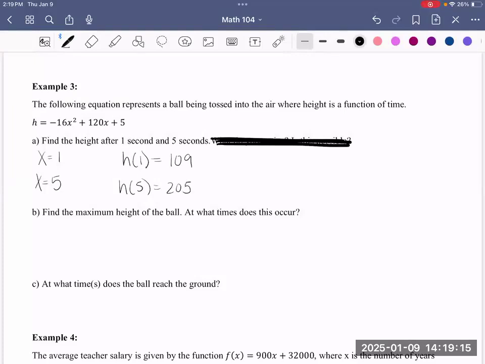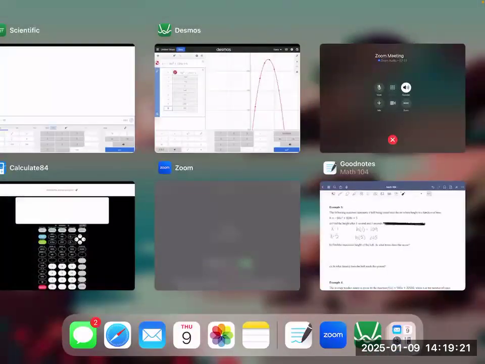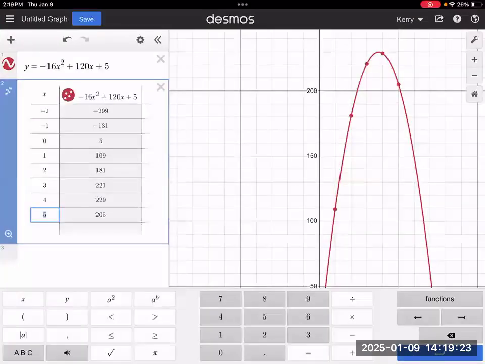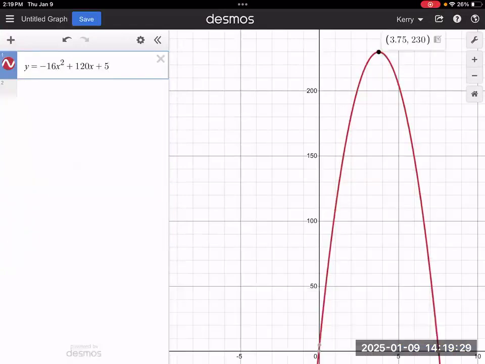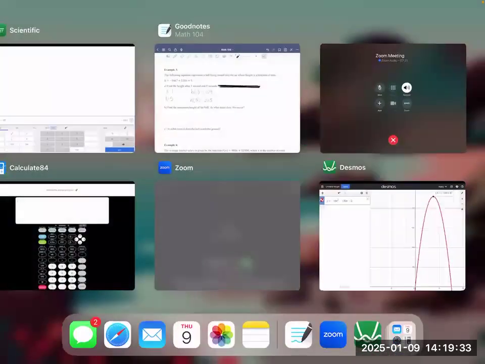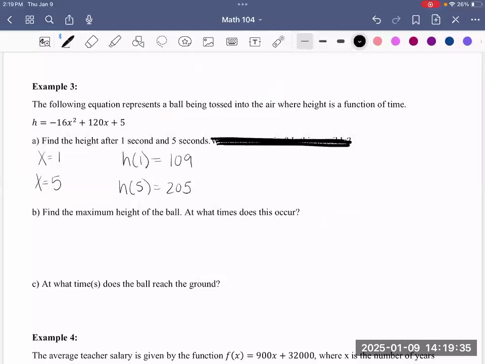Now let's go ahead and find the maximum height of the ball. When does this occur? Well, the max height of the ball is how tall did it get, right? Maximum height. So your max height, if we just tap, is at 3.75, 230. And I'm going to write that down over here. Now, which is which?